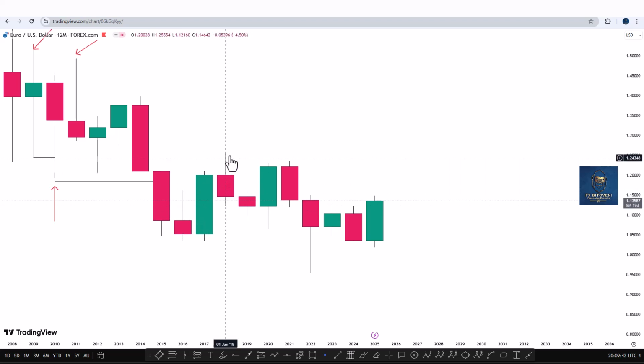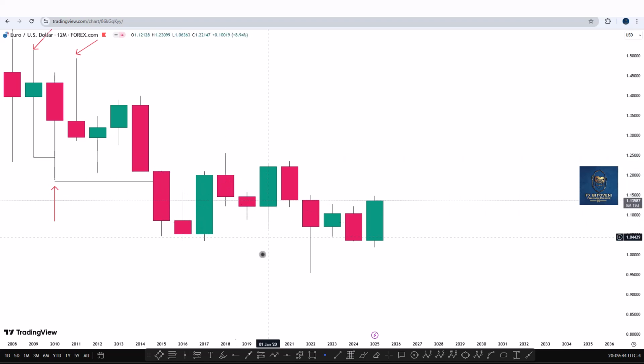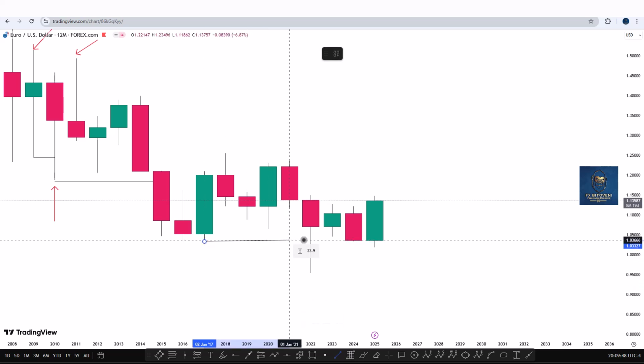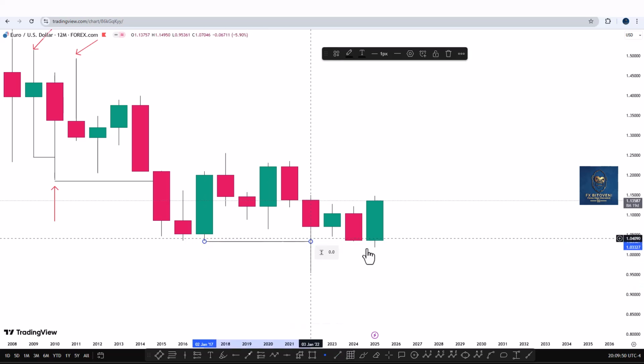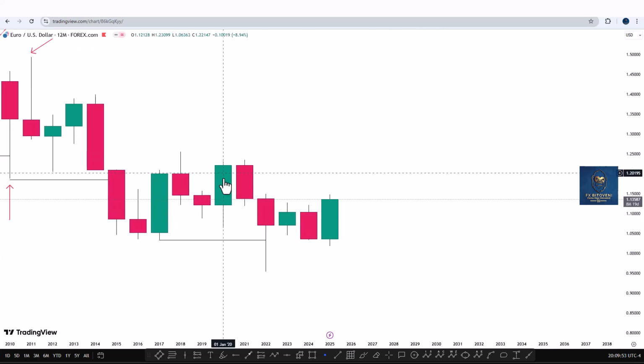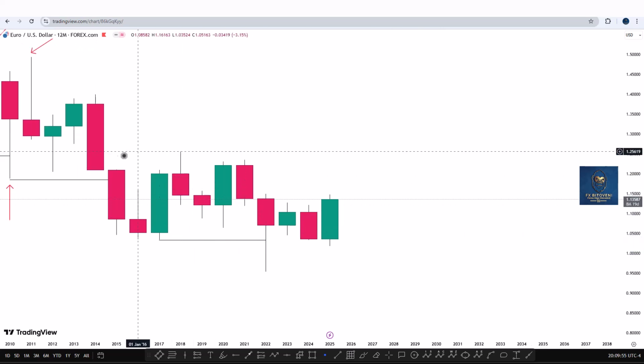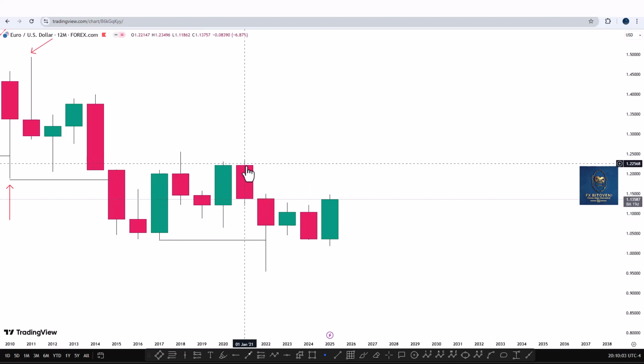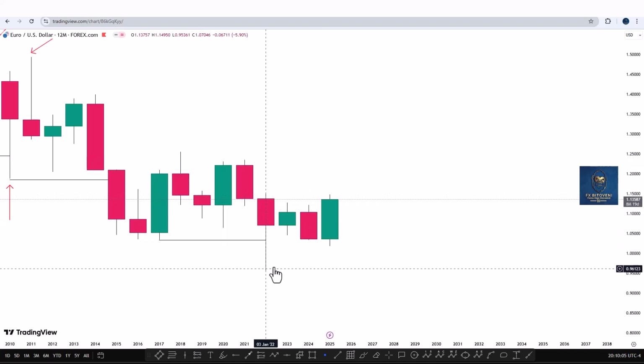Now, after that, the market drops again. Have you seen? After trying to create some form of balance, the market is now dropping. After dropping, we see price traded lower.